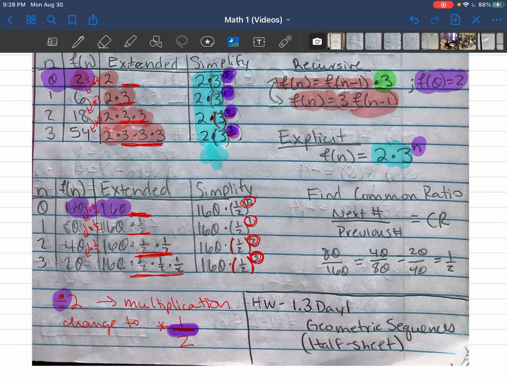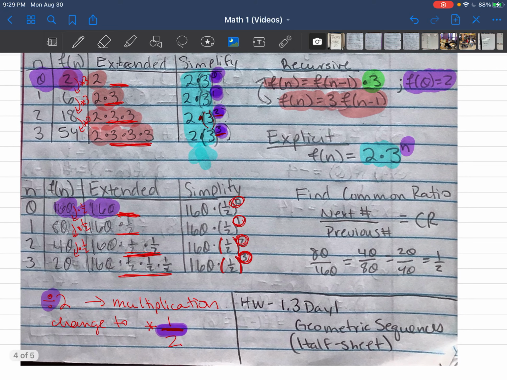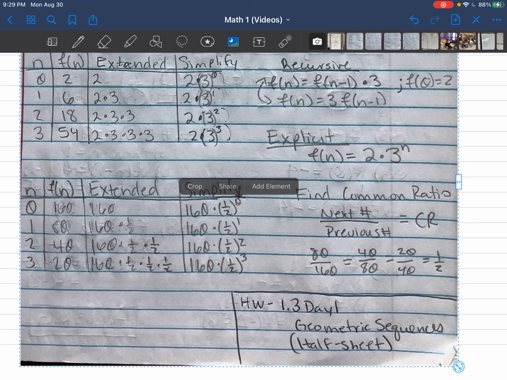If you struggle with finding the common ratio, which in this case was times 1/2, what you can do is take the next number and divide it with a fraction bar with your previous number to get that common ratio.